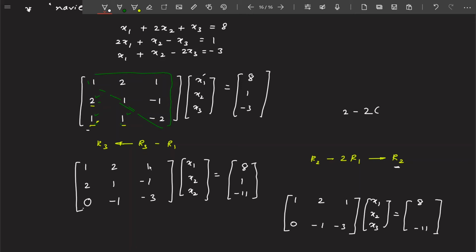R1 is 1. So this comes out to be 0, and you can directly write down 0 here. Then again this is 1. 1 minus 2 into R1. What is R1? 2. So 2 times 2 is 4. 1 minus 4 comes out to be minus 3. So we are going to write down minus 3.